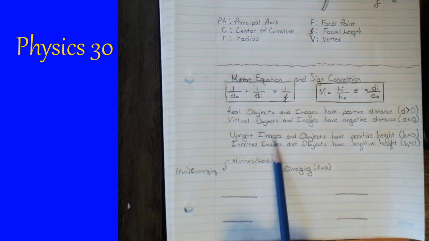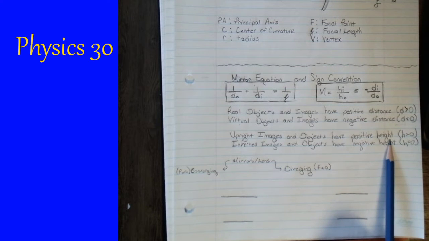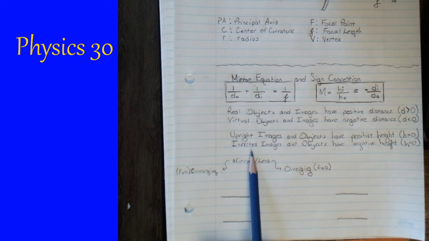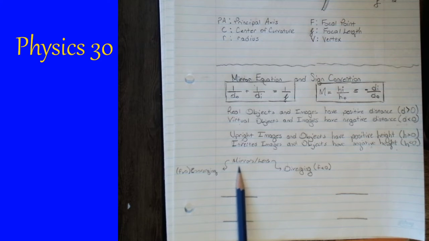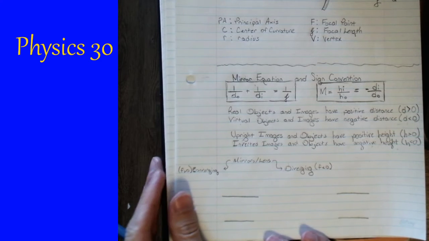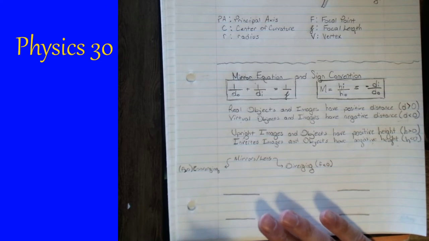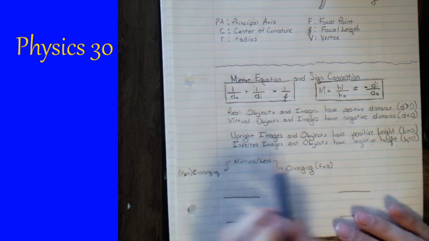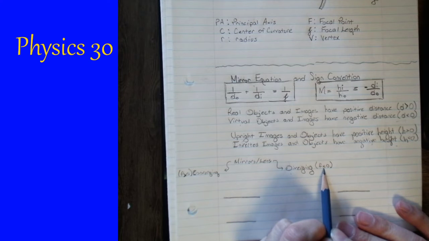Upright images and objects will have a positive height, and inverted images and objects will have a negative height. Also, for both mirrors and lenses, if it is a converging mirror, the focal length will be greater than 0, or positive. If it's a diverging mirror, the focal length will be less than 0, and therefore negative.